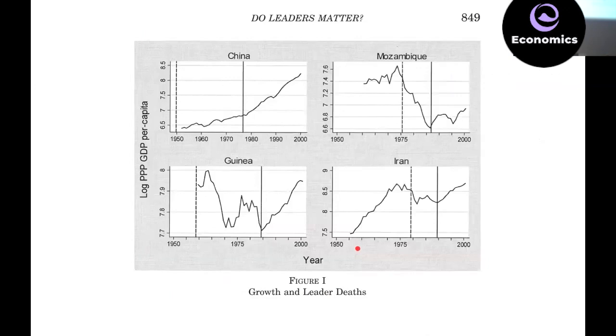And this is from that graph. This is more of an event study, as illustrated in this graph. In China, for example, this is the death of Chairman Mao, and things changed after that.